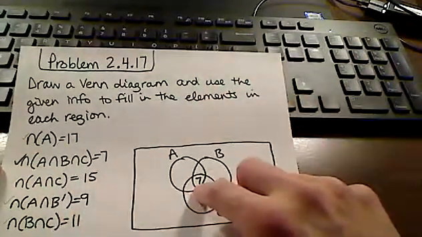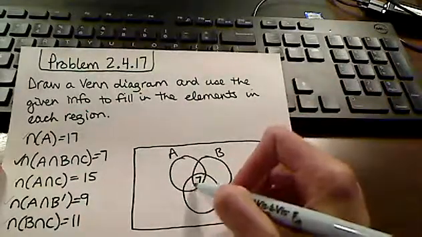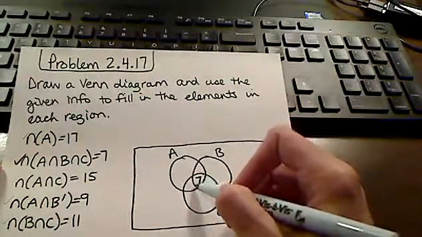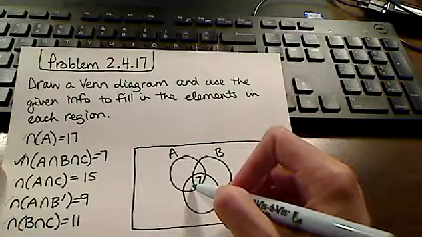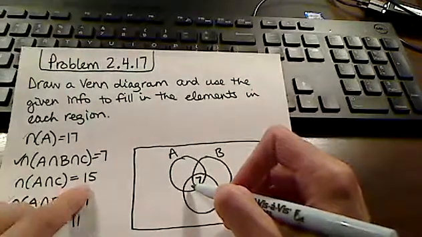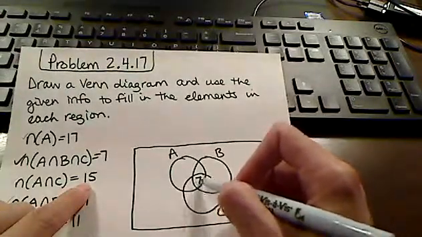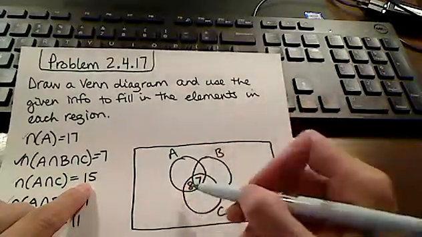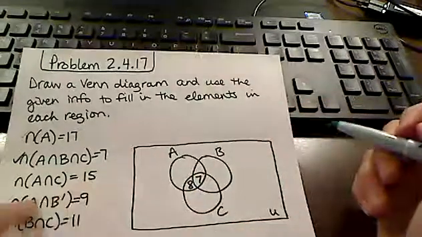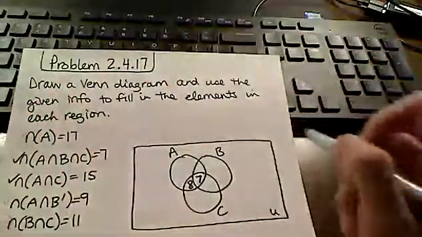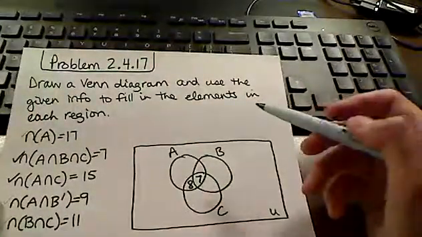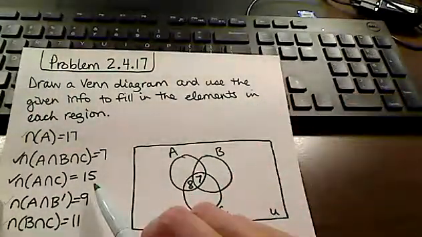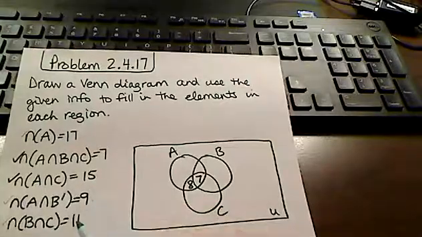So A intersect C is these two regions right here, this region where I've got the 7, and then this region right here. If I know that total has to be 15, and I've already got a 7 there, then there has to be an 8 in that region. Okay, and I can check that off as done.